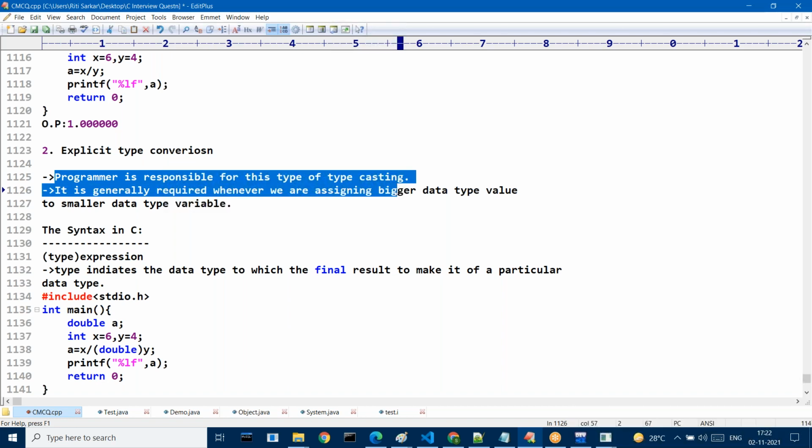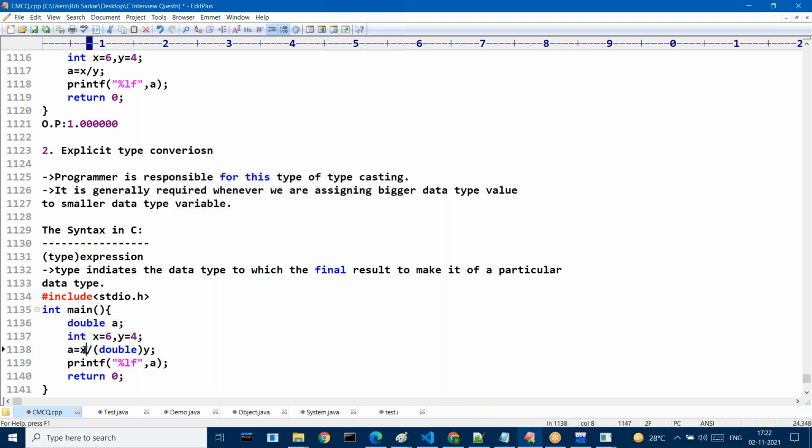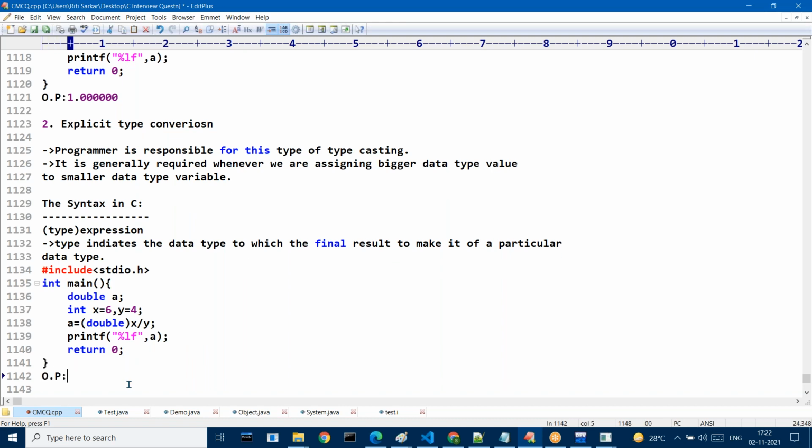What is the advantage you are getting? Sir, when I was not performing this typecasting, the output was not coming perfectly. Some digits were lost. This should come, but this is what was coming when I was not doing the explicit typecasting.